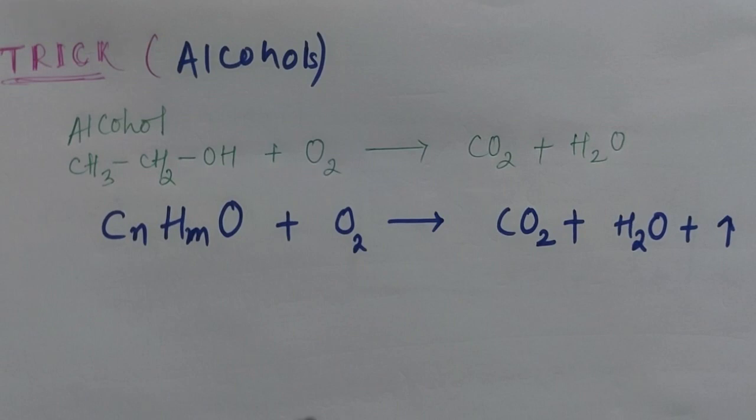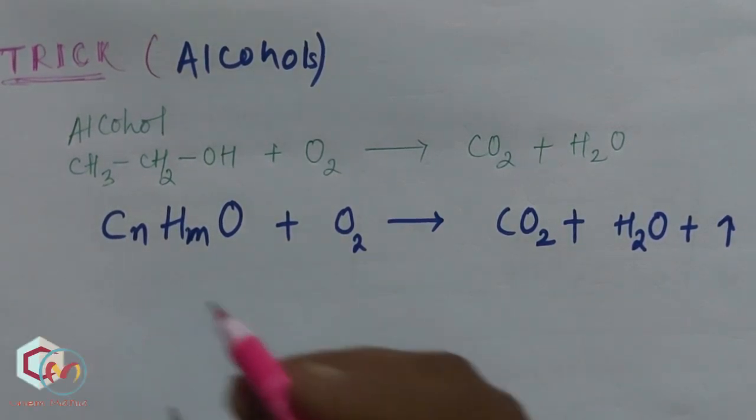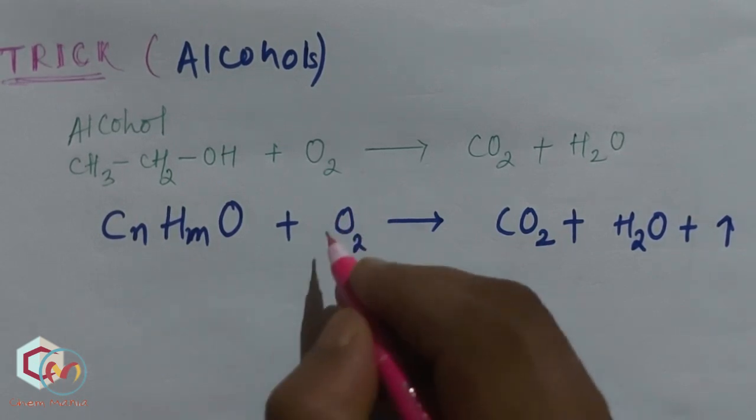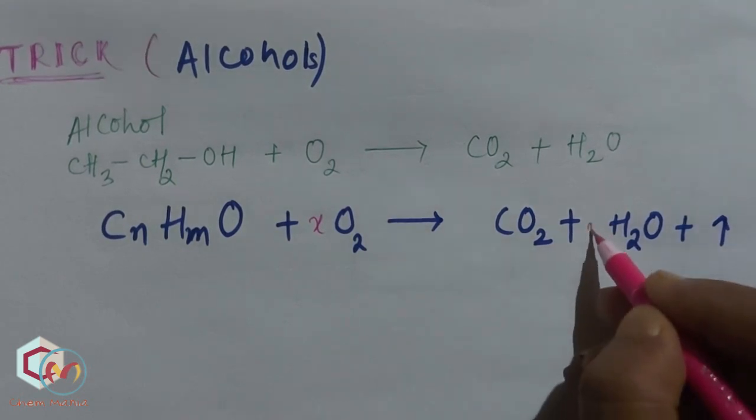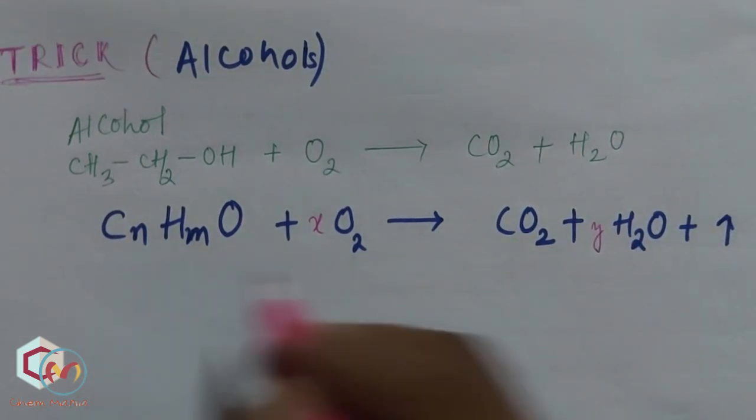Likewise, what I have discussed for hydrocarbon, here it is the same, only slightly modified is the oxygen molecule. Okay, so I have taken x and this is y. Okay, and this is n.